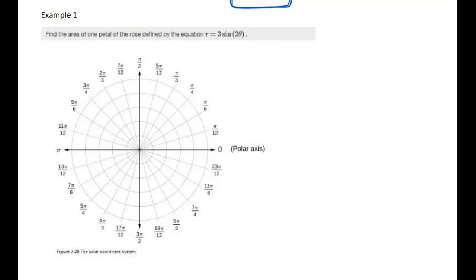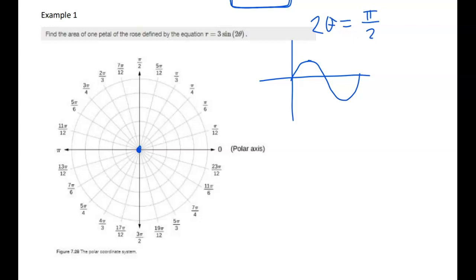So sine starts at 0, so 0, 0 is my start. And then I have a radius of 3, and that's going to max out when sine is at pi over 2, but this is 2 theta equals pi over 2.